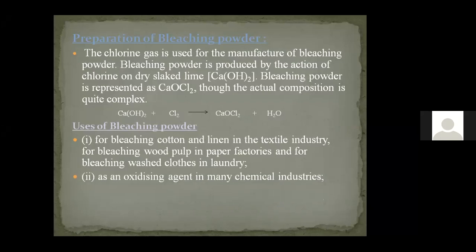The second use is as an oxidizing agent in many chemical industries. You might have heard that bleaching powder is added to water, correct? Sometimes the municipality water which we get has a bleaching powder smell. So why do they add bleaching powder?